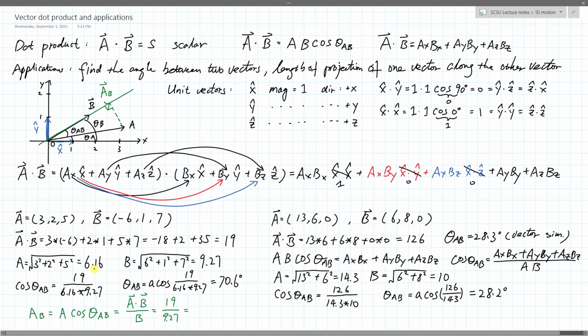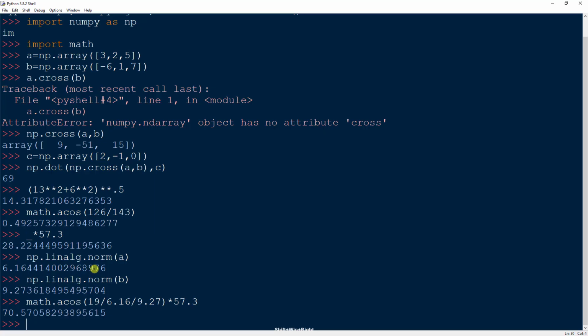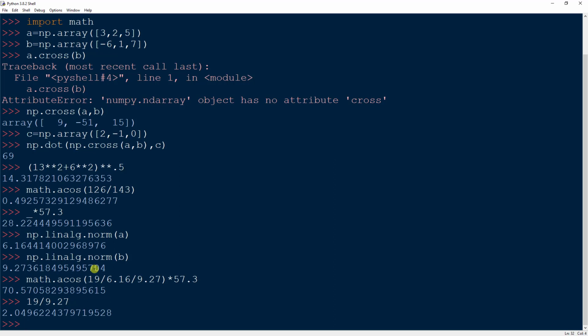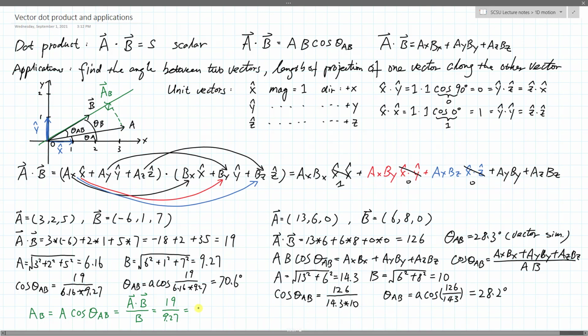Less than this. Well, let's see what it is. 19 over 9.27. Let's get Python to calculate. So 19 over 9.27. So the length of A along B is actually 2.05. So here we have 2.05. And you can also do B's magnitude along A's direction.